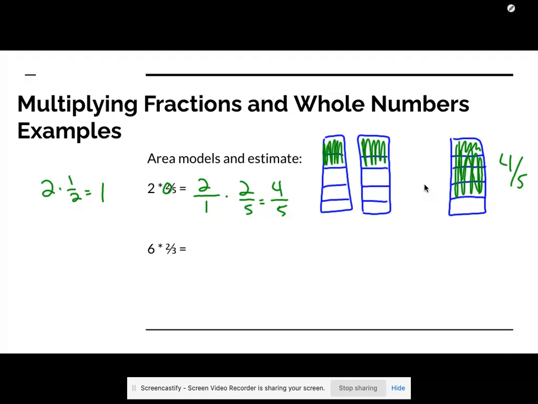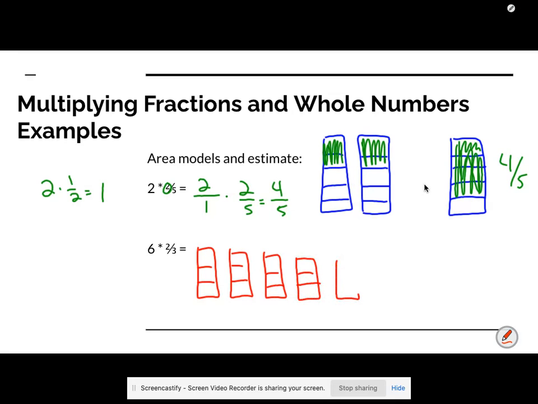For the next, I would do 6 pieces. That would have 2 pieces shaded.